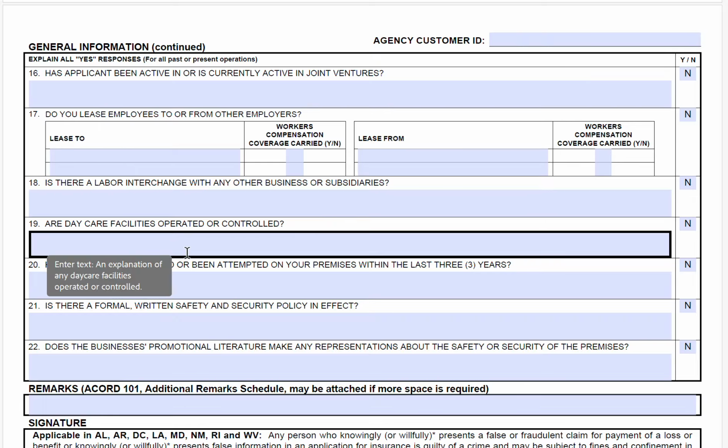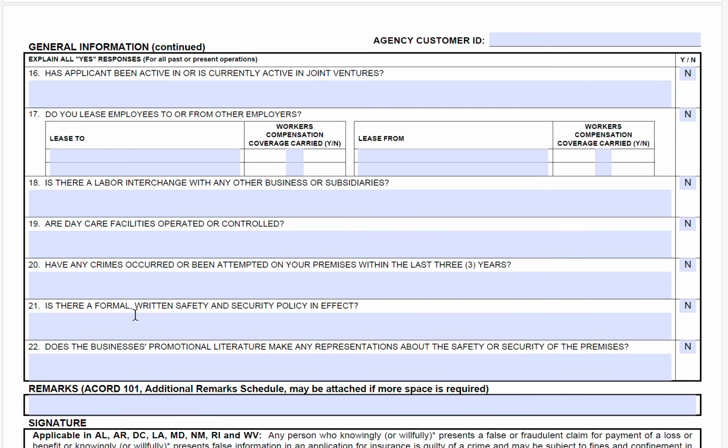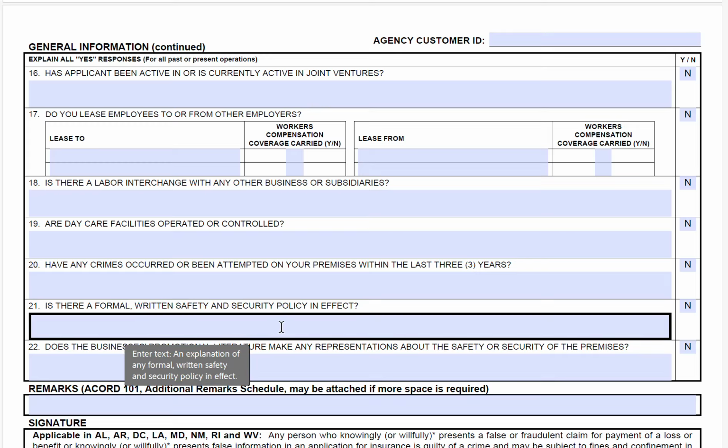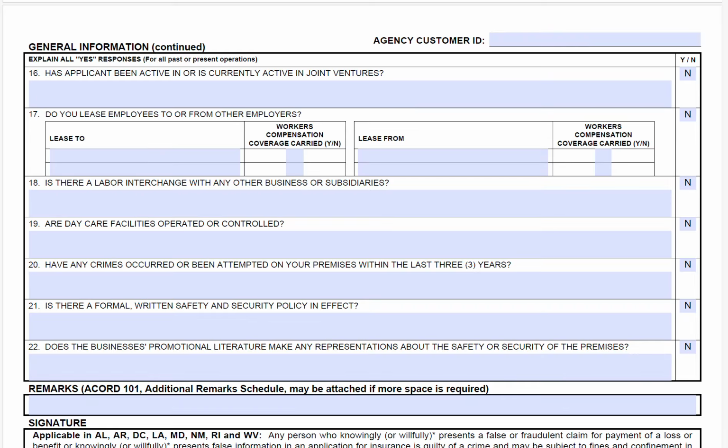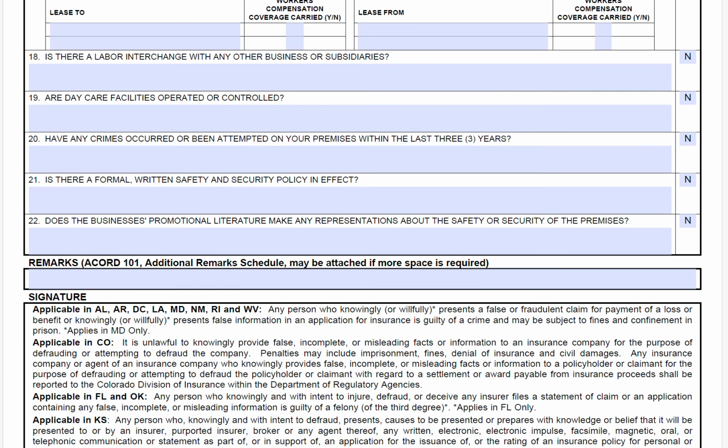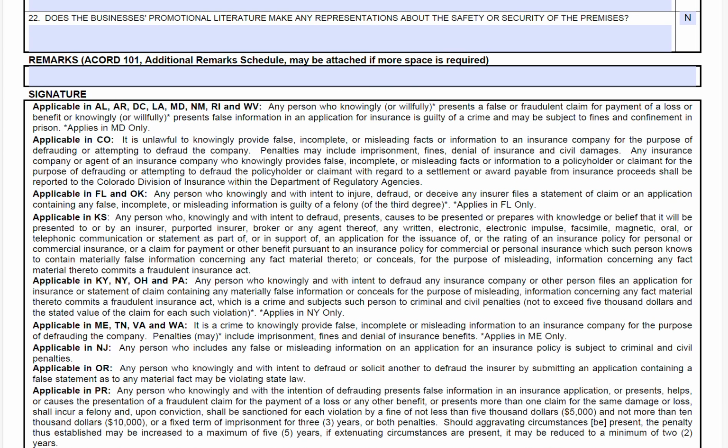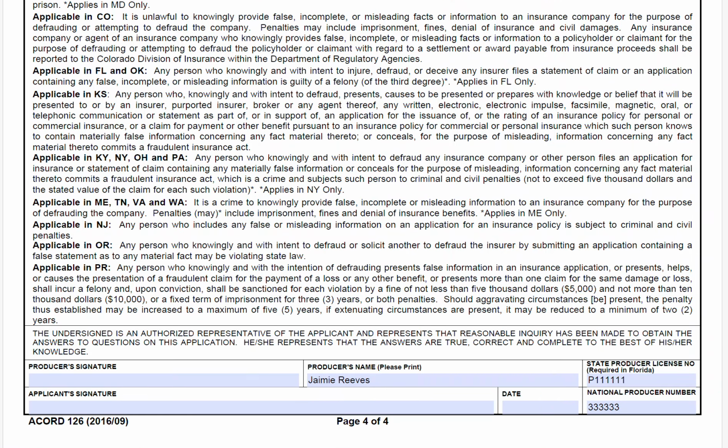And then all these other questions, whether there's daycare facility, any crimes occurred, safety, security operation in effect, these are all important to answer. Usually they're almost always no. And then at the very bottom, once you've completed all of it, you'll again get your signature and the applicant's signature. When you send it in to bind, you'll want your producer name, your producer license number, and the national producer number to be sent in with any quote.